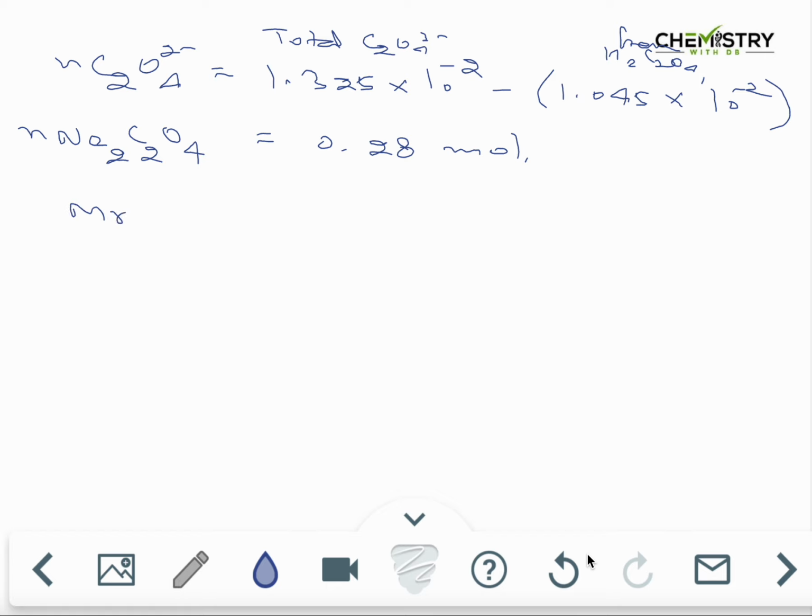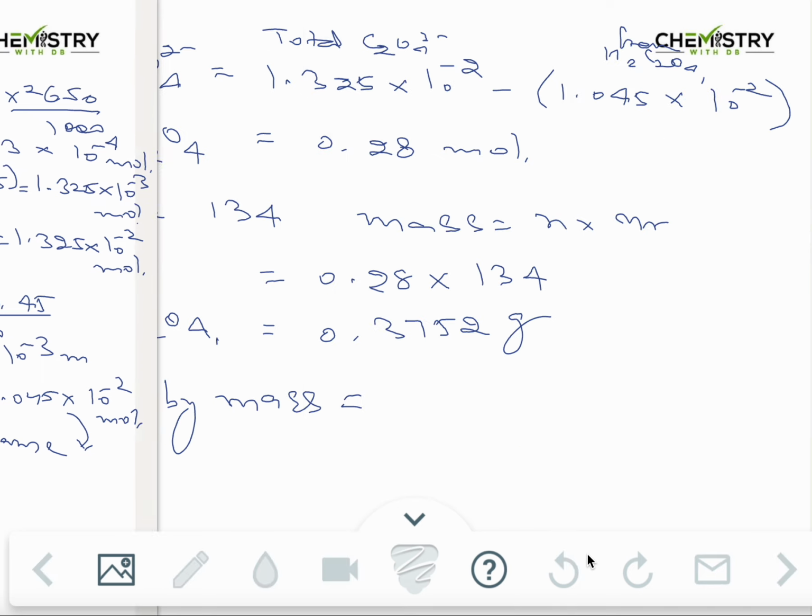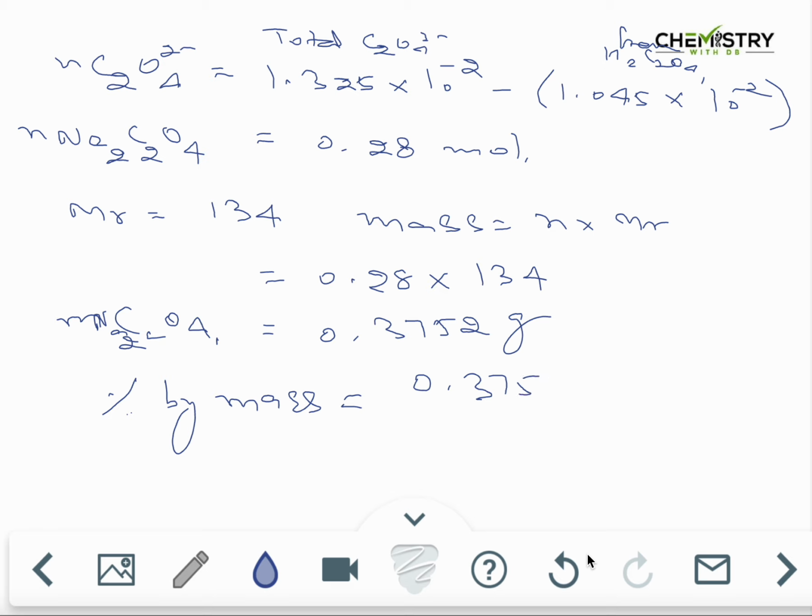Now we know that the MR of Na2C2O4 is 134, and therefore the mass is moles times MR. We multiply the moles 0.28 by the MR, 134, and arrive at 0.3752 grams of Na2C2O4 present. For the percentage by mass, the original mass we started with was 1.9 grams, so it will be 0.3752 over 1.9 times 100.